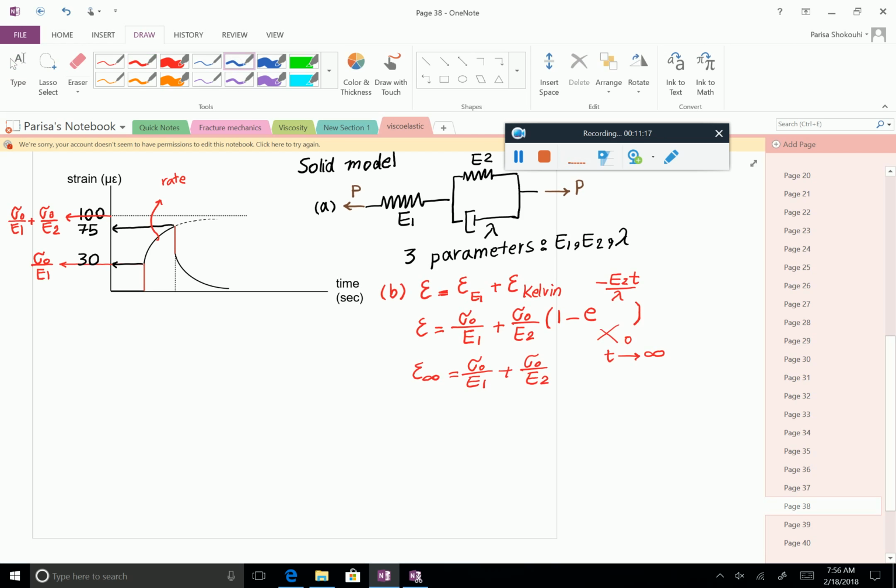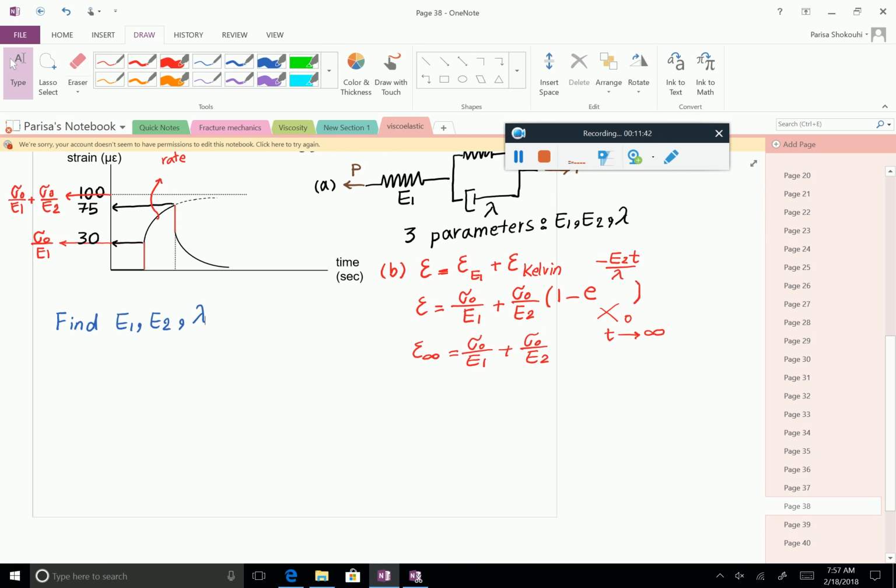It is easy to get some of the parameters, a little bit more involved to get the others. So when we are asked to calculate the model parameters, it means that we have to find E1, E2, and lambda. To get E1, it's kind of easy.